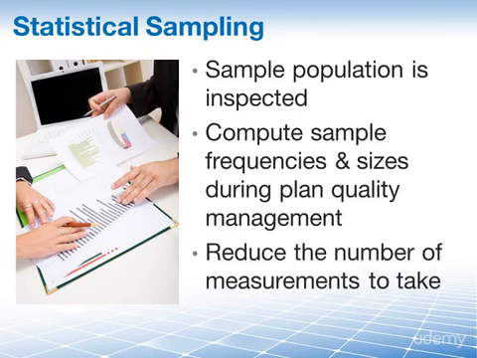By doing sampling properly, you can dramatically reduce the number of measurements that you need to take. If you're producing 1 million screws and you measure 1 million of them, that's a lot of work. But if you only measure every 10,000th screw that you produce, that's 10,000 times less.